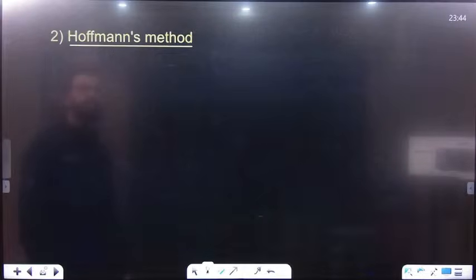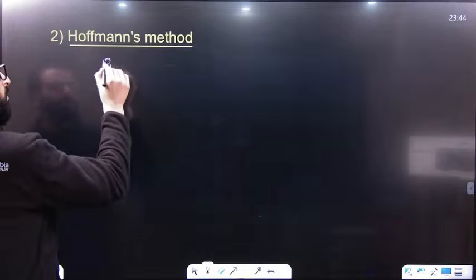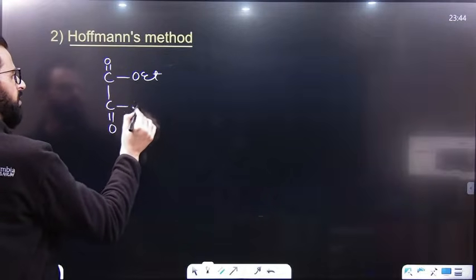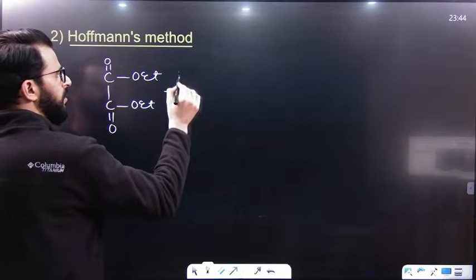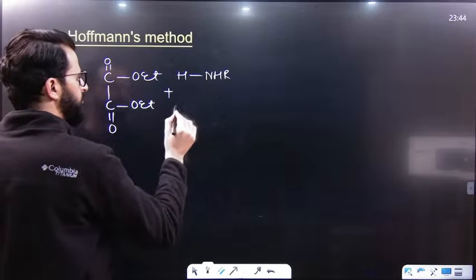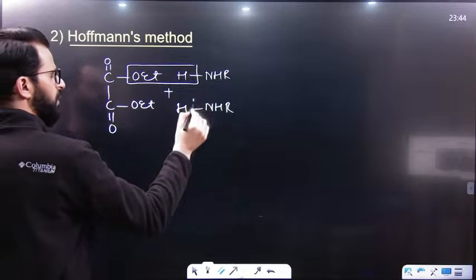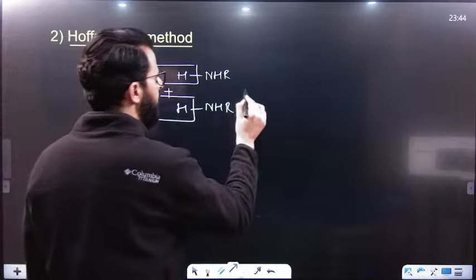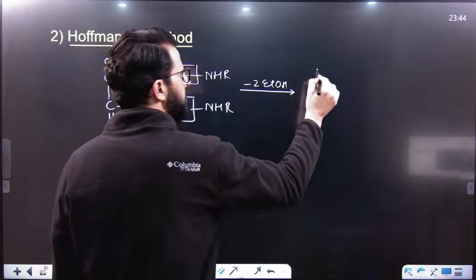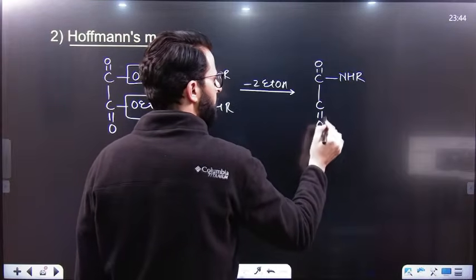After this, we have another method, that is Hoffmann's method. Have a look. This is known as diethyl oxalate. So whenever diethyl oxalate reacts with primary amine, it results in the formation of 2 moles of ethanol, and it will form C double bond O, then NHR, C double bond O, then NHR.